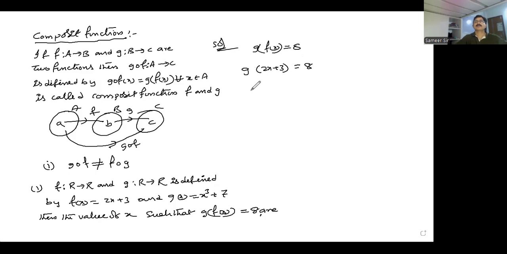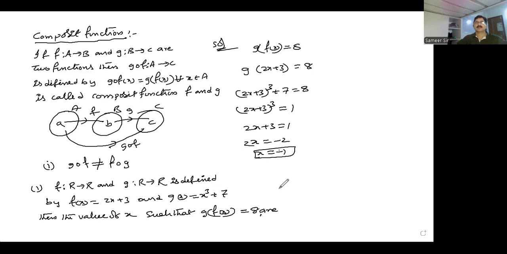What is g of x? (2x plus 3) whole cube plus 7 is equal to 8. Or else you can write (2x plus 3) whole cube is equal to 1. That means 2x plus 3 is equal to 1 only. Right? Here you can write 2x is equal to minus 2, x is equal to minus 1.